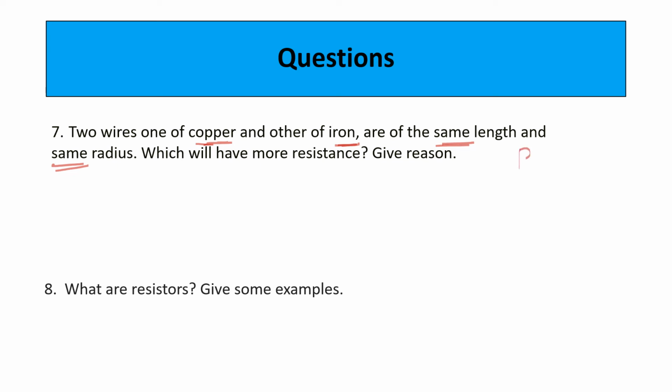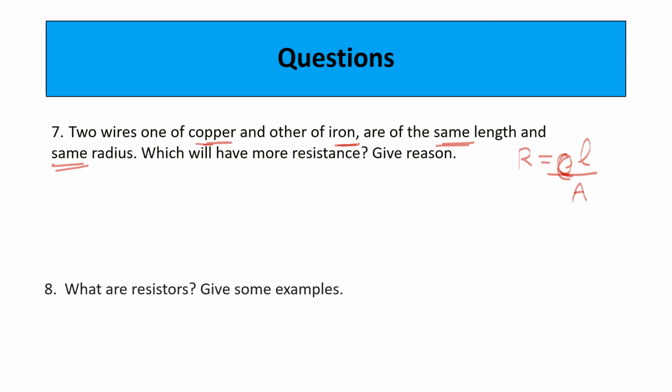We know the expression R is equal to rho L by A. They have the same length and same radius. Therefore, the resistance now depends on the resistivity rho of the material. You must know the resistivity rho for copper and the resistivity for iron.